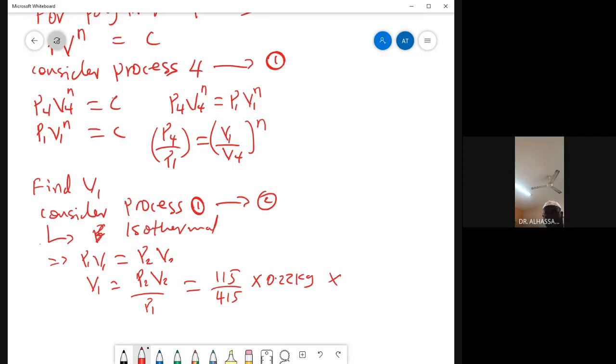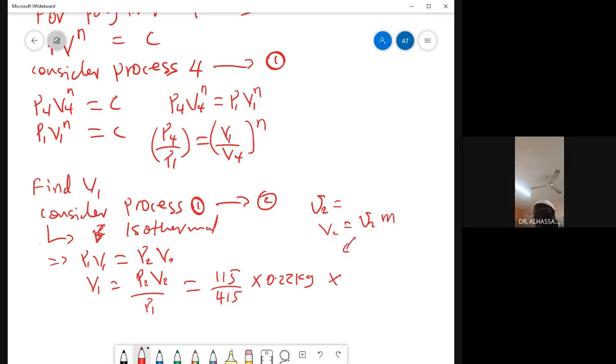The specific volume V2 was given, and if we want to calculate the absolute volume, V2 should give us the specific volume V2 times the mass.